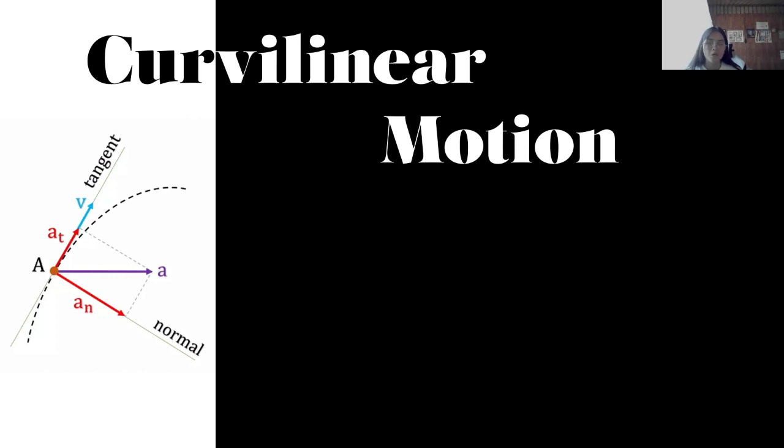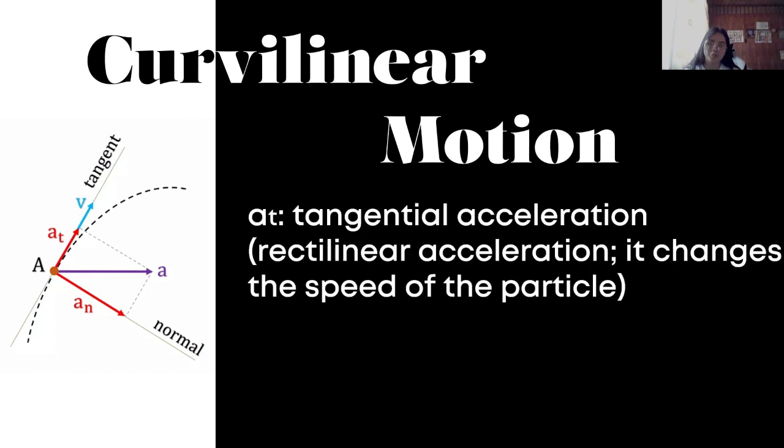It has two accelerations. We have a sub t, which is the tangential acceleration, and a sub n for the normal acceleration. And we have the linear velocity v. The resultant of a sub t and a sub n is a, which is the linear acceleration.